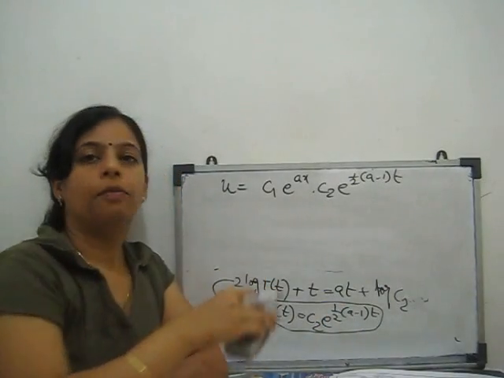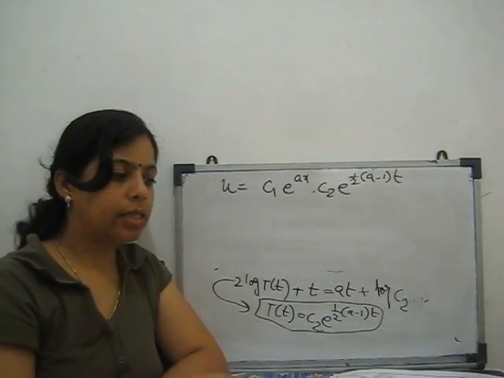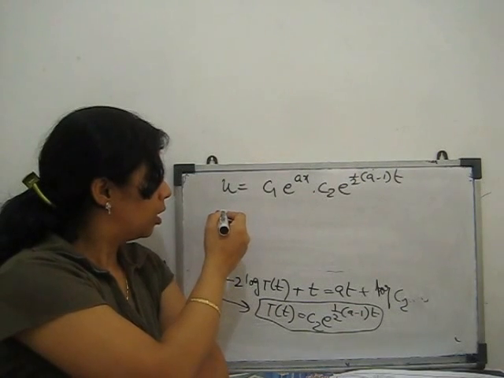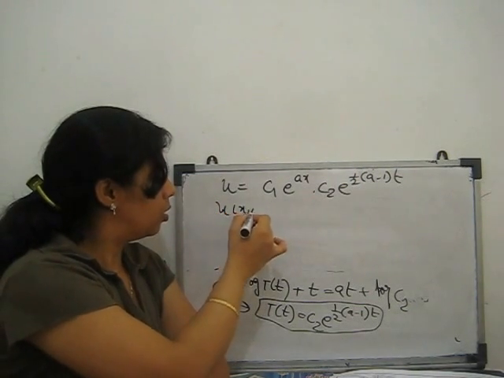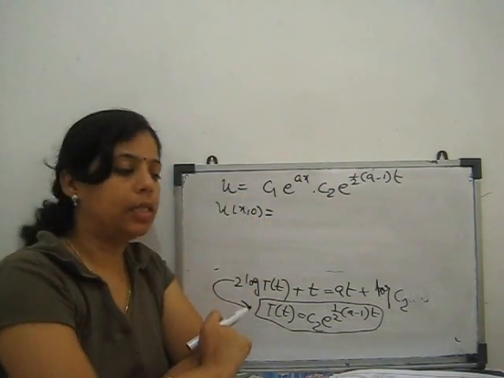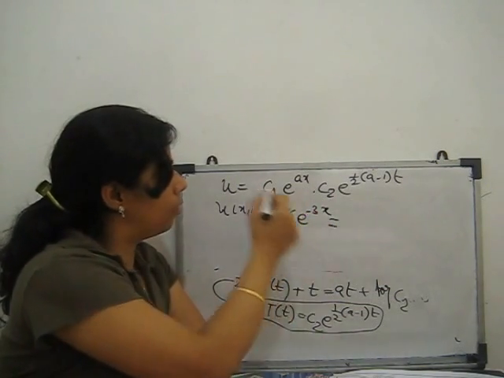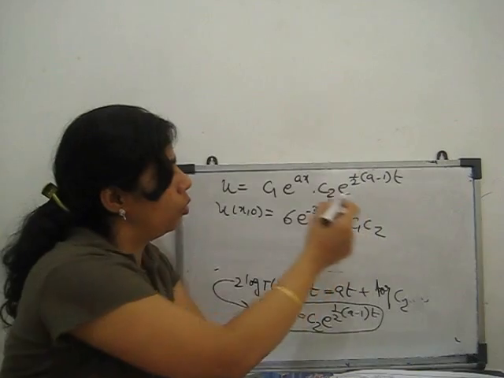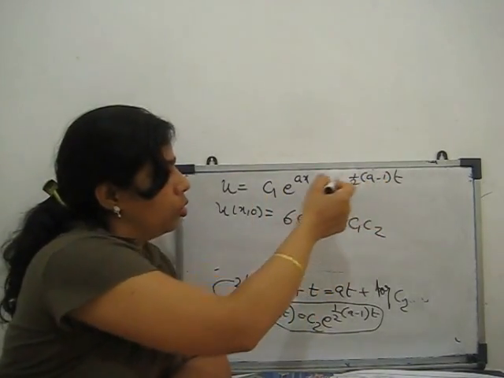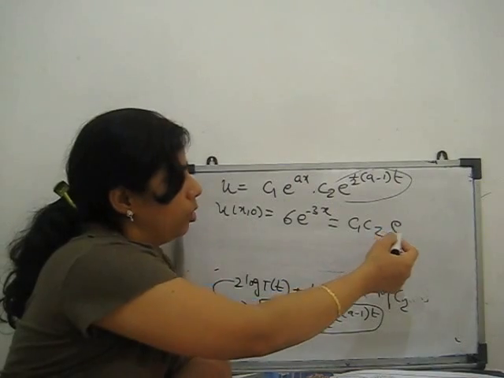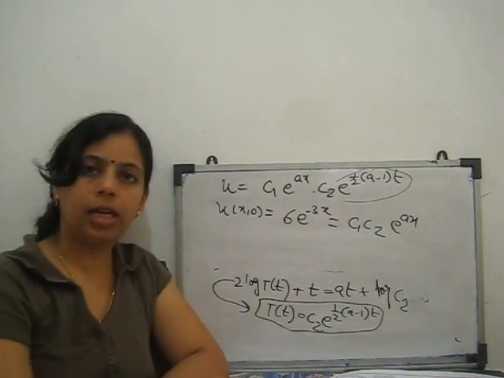So for this we have one condition, u(x,0) is equal to 6 e to the power minus 3x. When t is 0, the exponential part e to the power 0 is 1, so only e to the power ax remains. Clear?